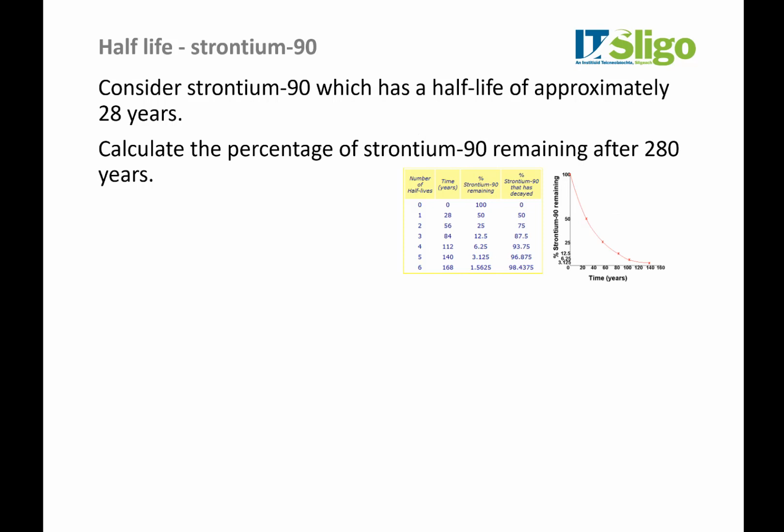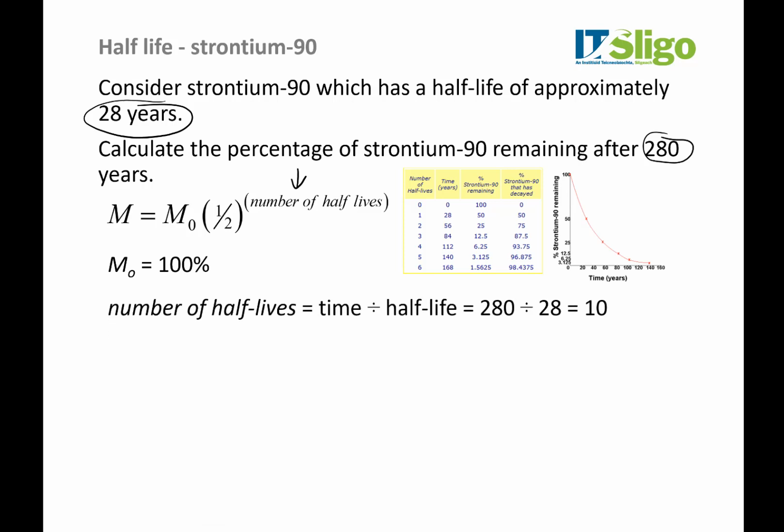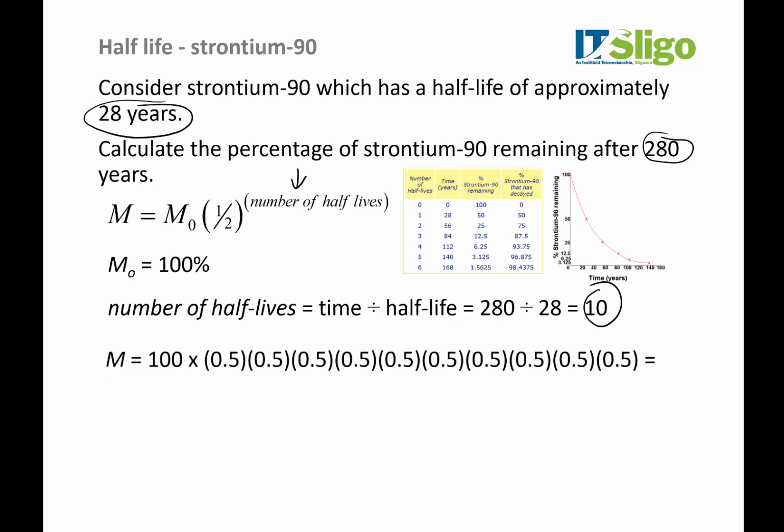Calculate the percentage of strontium-90 remaining after 280 years. We're going to use this function because it's quite easy now to work out how many half-lives we went through. It'll simply be 280 divided by 28. I hope you'll agree that's 10 half-lives. Which would be the equivalent to this.